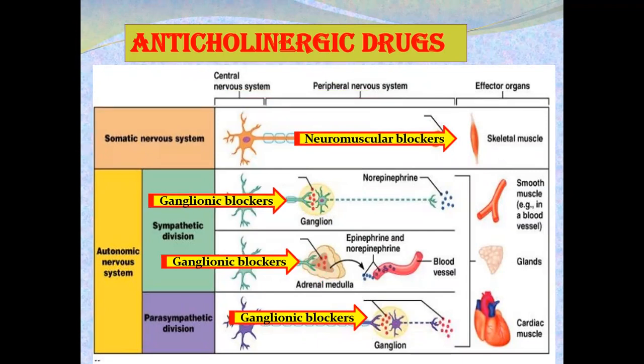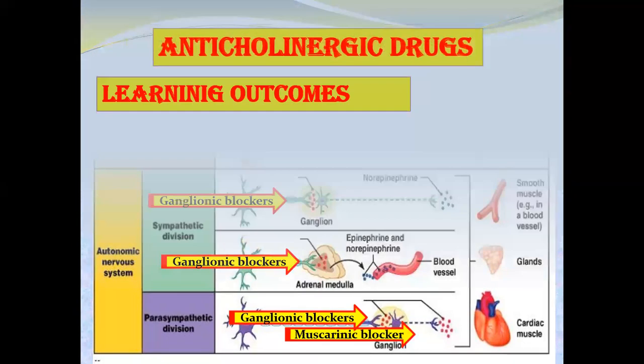In the autonomic nervous system, they work at the ganglionic blockade, that is where one cell is meeting another cell, and also they work at the adrenal medulla, and also in the parasympathetic, they work before the ganglion, where they stop the passage of messages at that junction of the cells. The muscarinic effect works after, that is at the effector of the parasympathetic system.